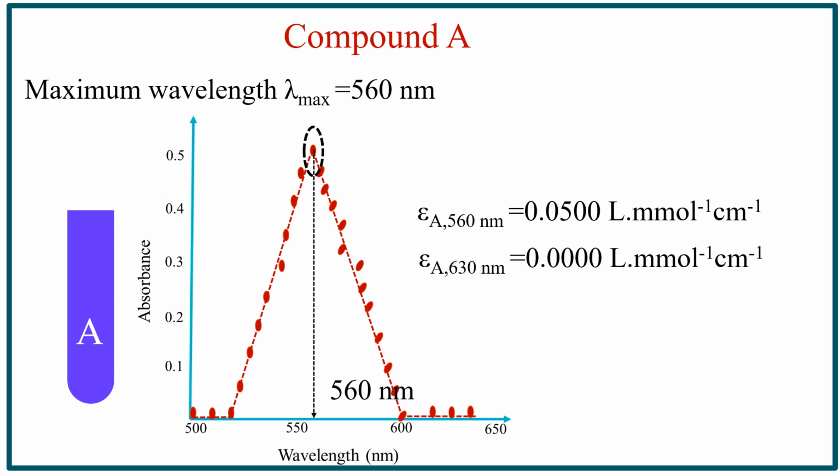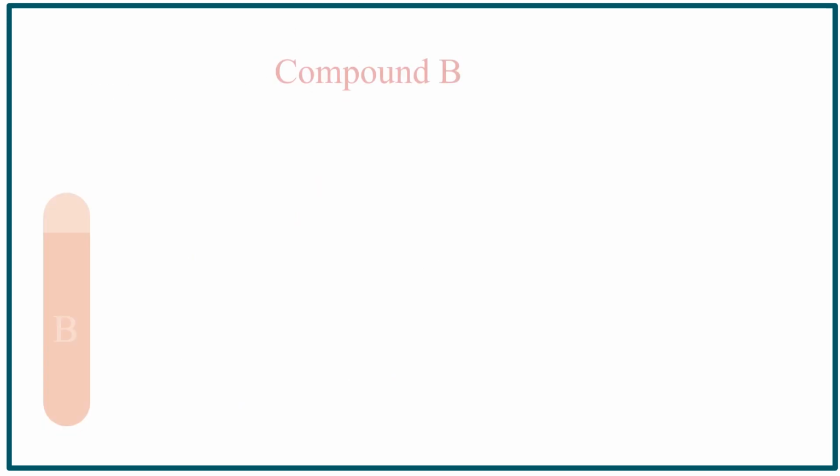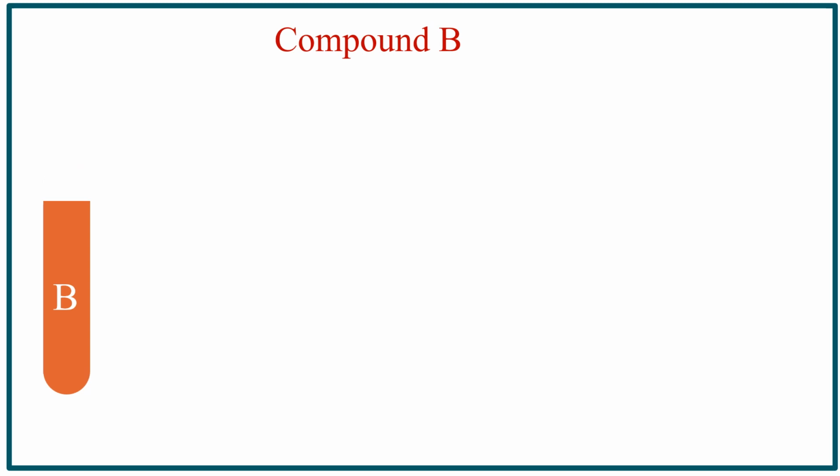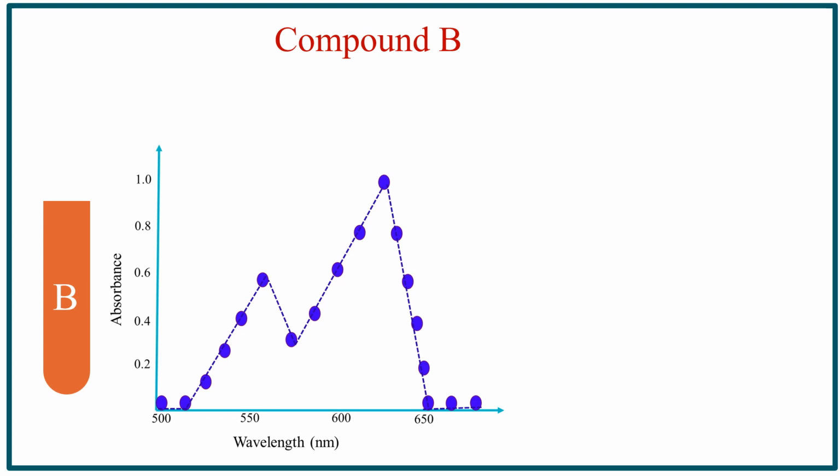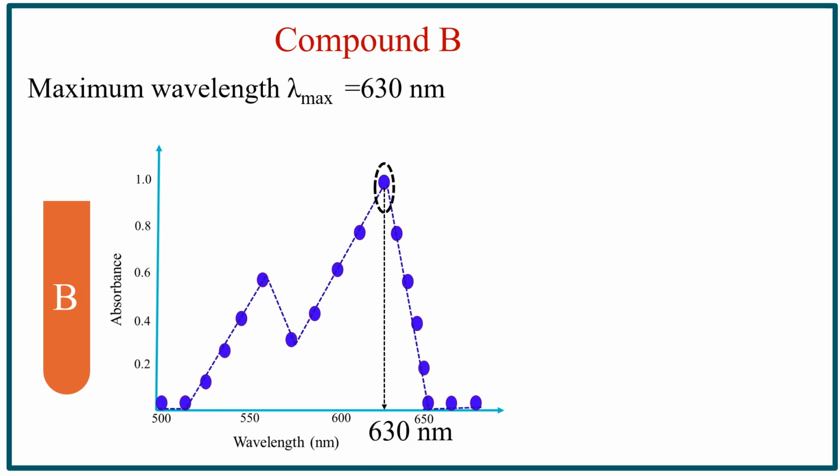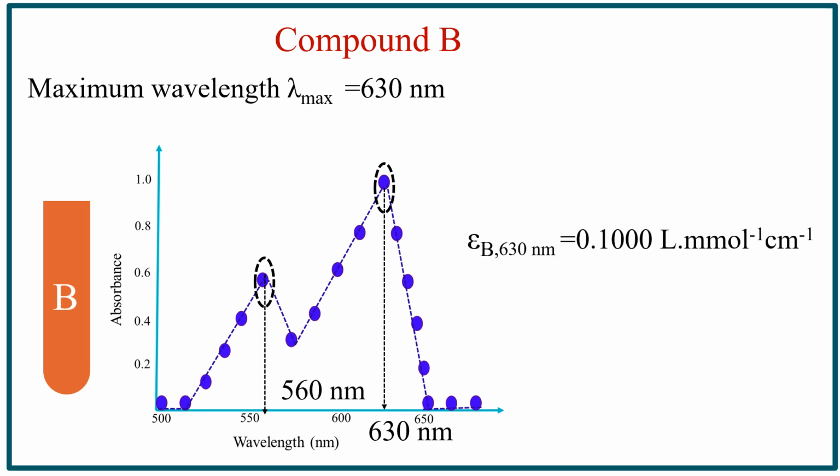Then coming to compound B, the second compound. Compound B has the absorption spectrum as shown here. The lambda max of compound B is at 630 nanometer. However, it also has absorption at 560 nanometer. So by using Beer-Lambert's law, epsilon B at 630 nanometer is calculated and given as 0.1 liter millimole raised to minus 1 centimeter raised to minus 1.